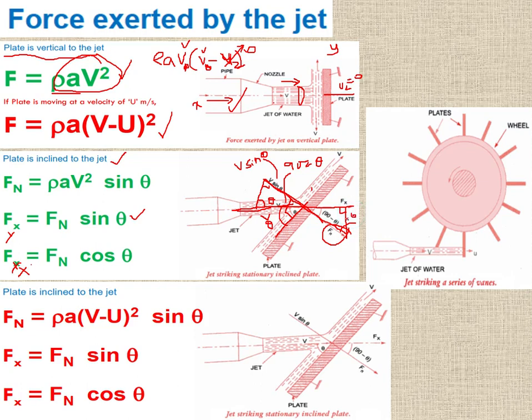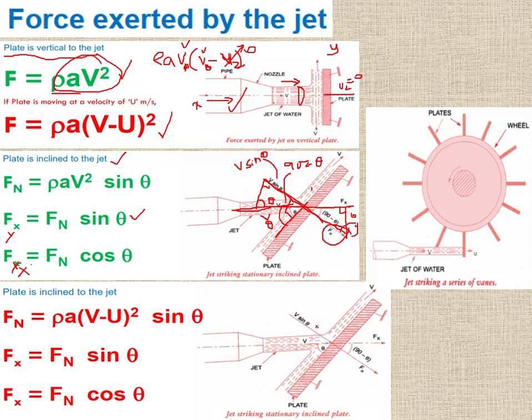Let me clear this. This will be Fx and this will be Fy. The y component will be Fn sine theta and the x component will be Fn cos theta.